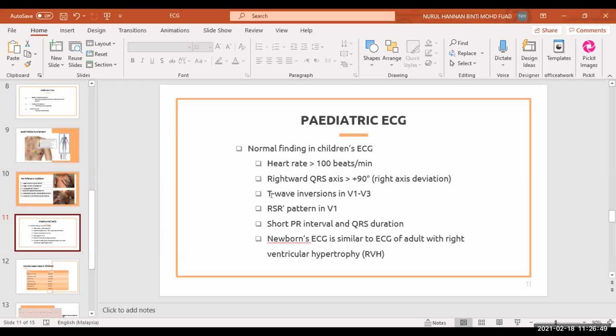This is considered normal in children, and there might also be an RSR pattern in V1, and in children's ECG there will be a shorter PR interval and shorter QRS duration. For neonates or newborns, the ECG is similar to the ECG of an adult with right ventricular hypertrophy. So these are some of the normal findings in children's ECG.